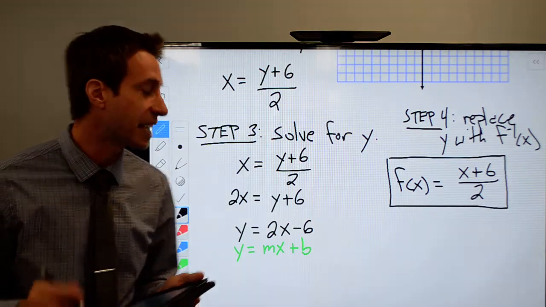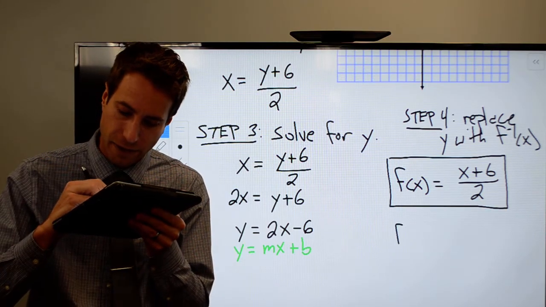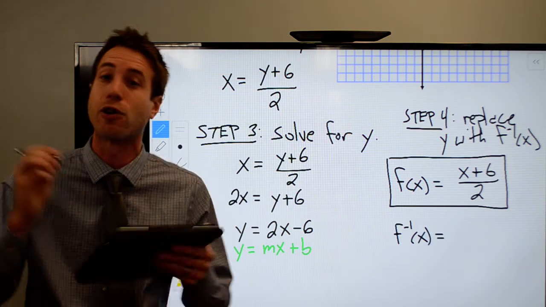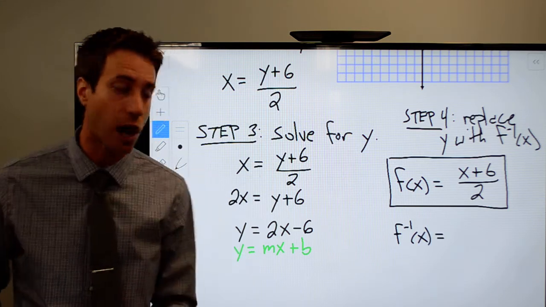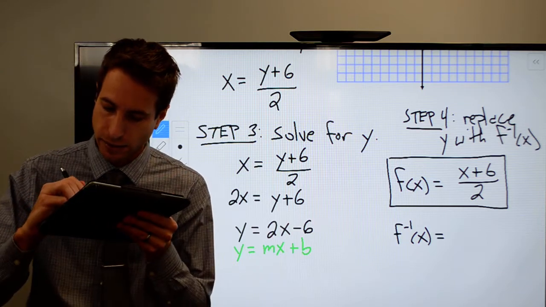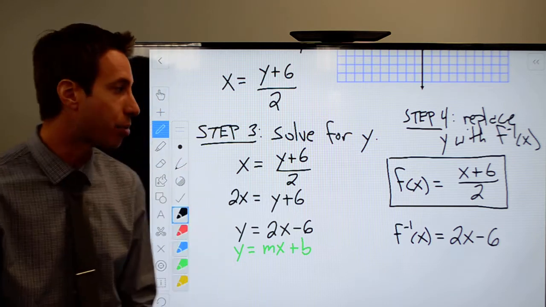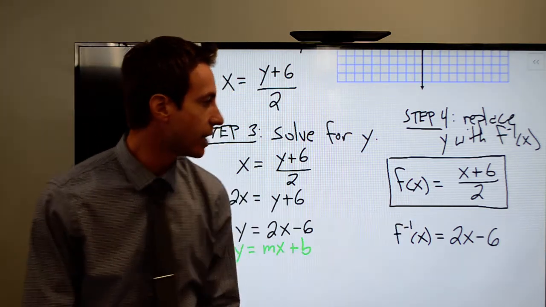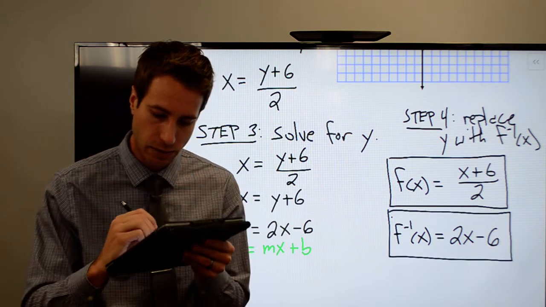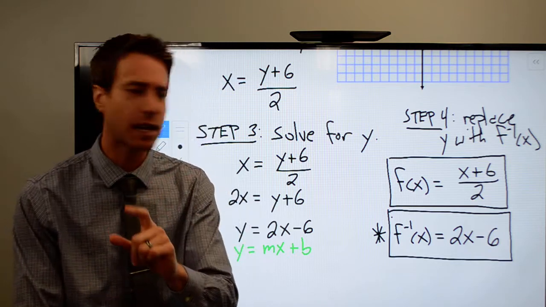You just found the inverse function, this guy right here, which we will call f inverse. f to the negative first power of x, the inverse function, the inverse operation is this, 2x minus 6. And it should make perfect sense. Let me box that one because that's my main answer. That's my inverse function.